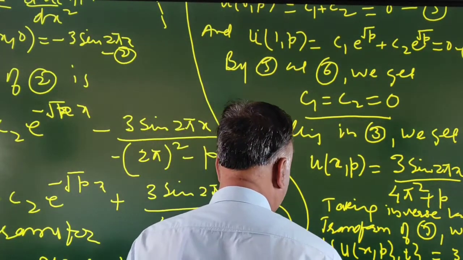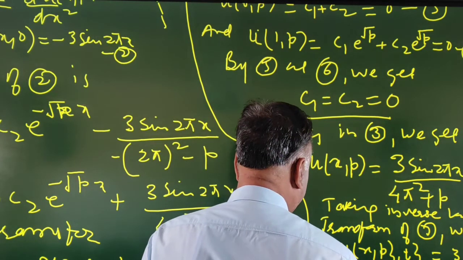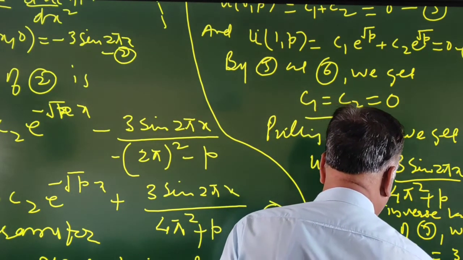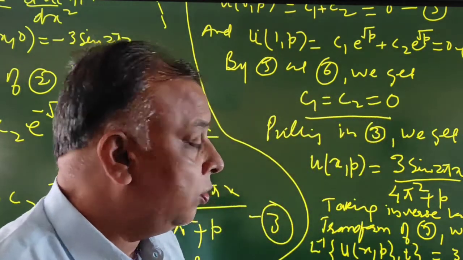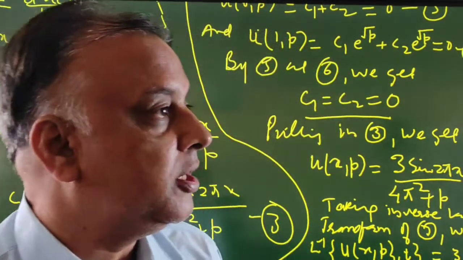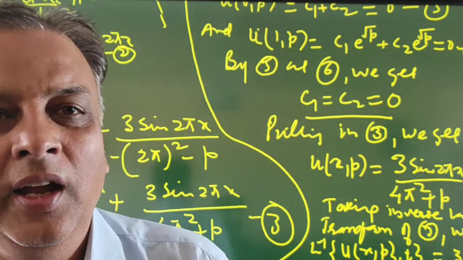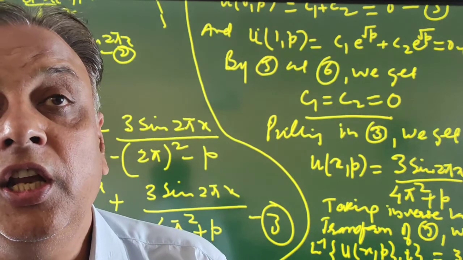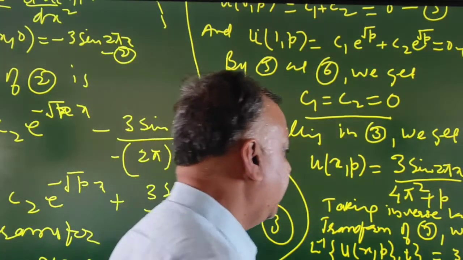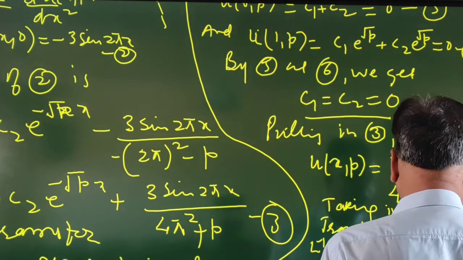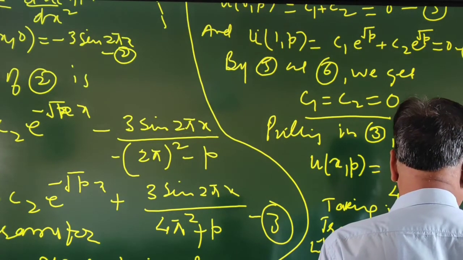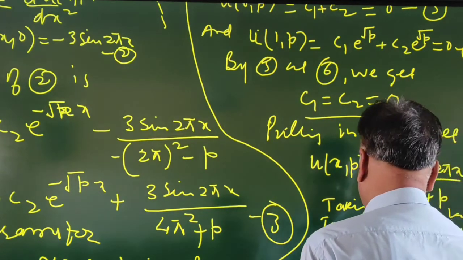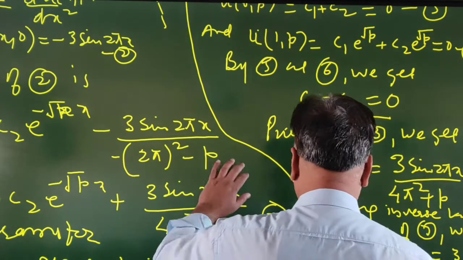So the solution is u(x,t) = 3 sin 2 pi x times the inverse Laplace transformation of 1 upon (p plus a), and the inverse Laplace transformation of 1 upon (p plus a) is e^(-at). So this is equal to e^(-4 pi square t), which is the required solution.